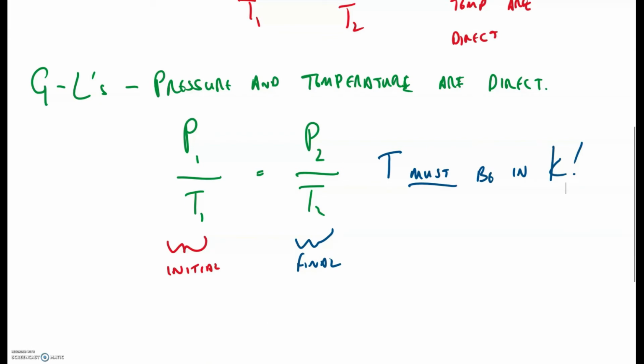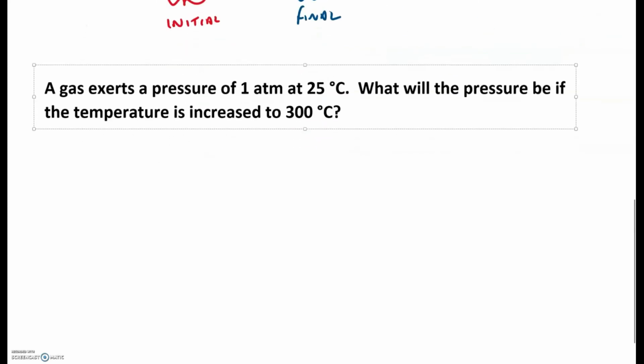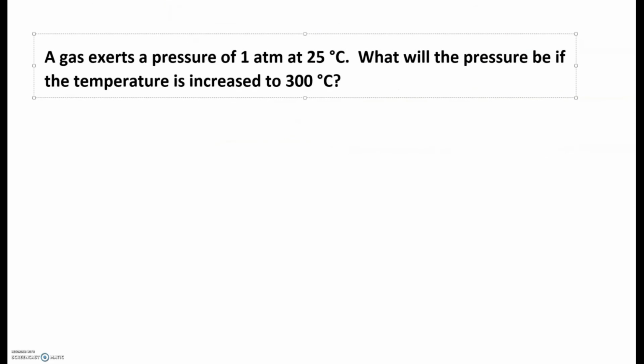So let me get an example going here. So here's the type of question you can expect me to ask. A gas exerts a pressure of 1 atmosphere at 25 degrees Celsius. What will the pressure be if the temperature is increased to 300? So remember that I like to establish my variables. I like to know what it is that I know and what I'm looking for.